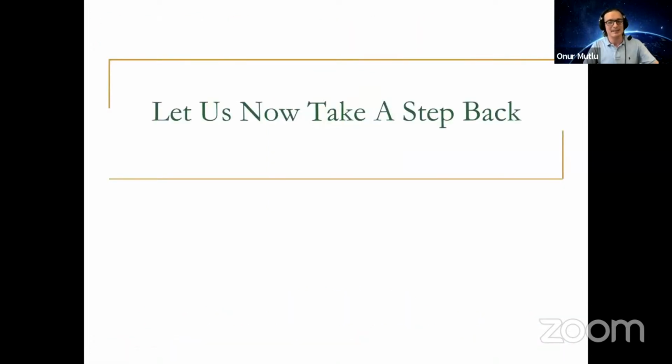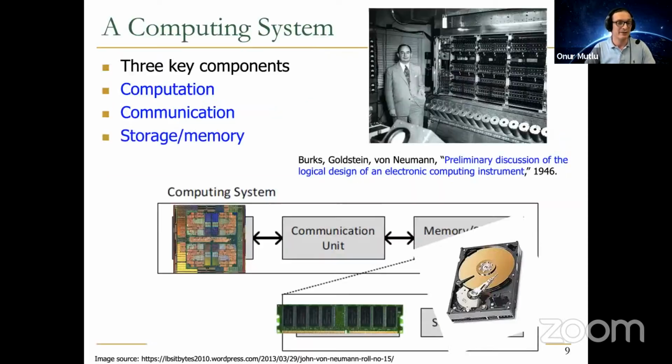Okay, now let us take a step back and think about what we are doing in this course. Basically, we're covering computing systems, digital design and computer architecture, and digital design and computer architecture apply not just to the processing unit, right? If you look at a computing system, it consists of computation, processing units, communication, interconnects, I/O, and storage and memory. And we have focused a lot on the computing paradigms, let's say.